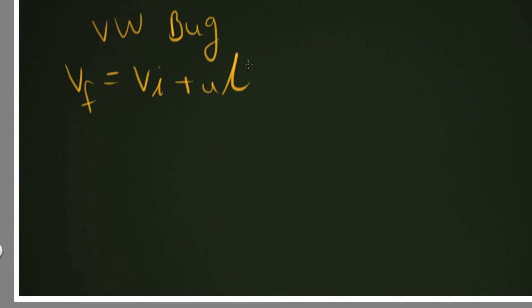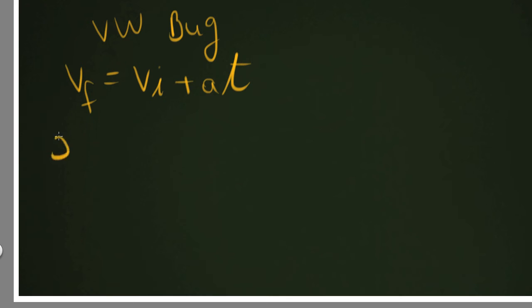Now let's look at the Volkswagen Bug. We know that it is traveling in free fall, and we're trying to figure out the time. We know it achieves a final velocity at its terminal velocity, which was 125 miles per hour.